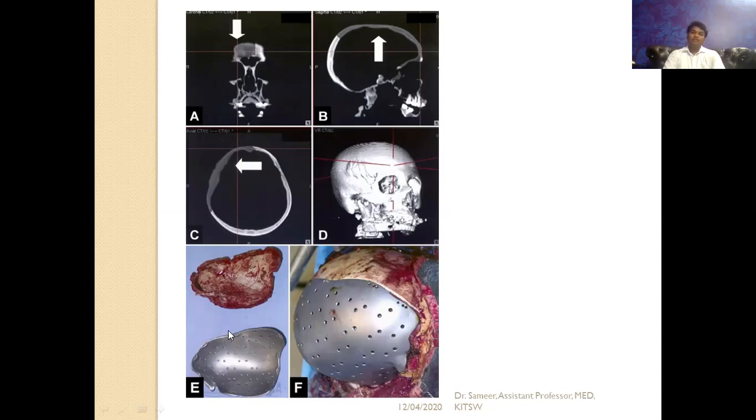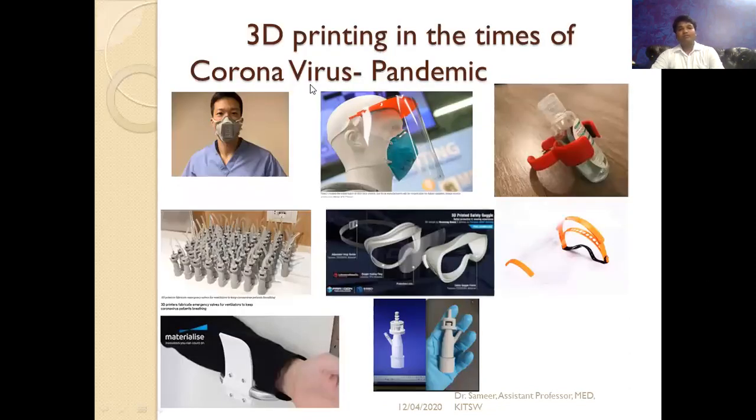The 3D printing society or the additive manufacturing society has responded to the current situation, as you can see in this slide: 3D printing in the times of the coronavirus pandemic.